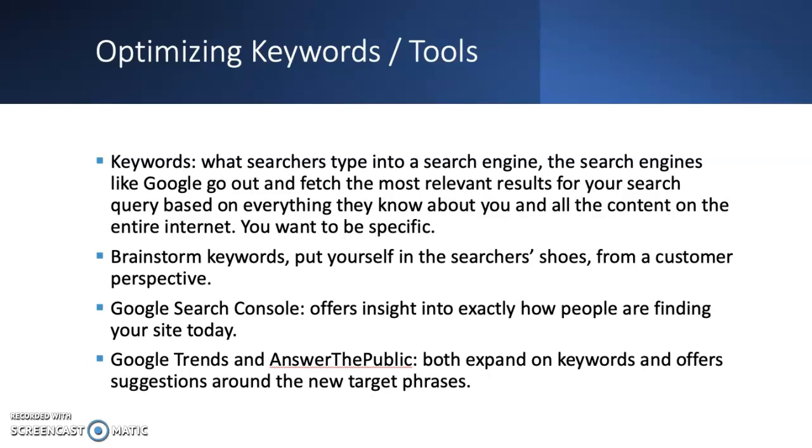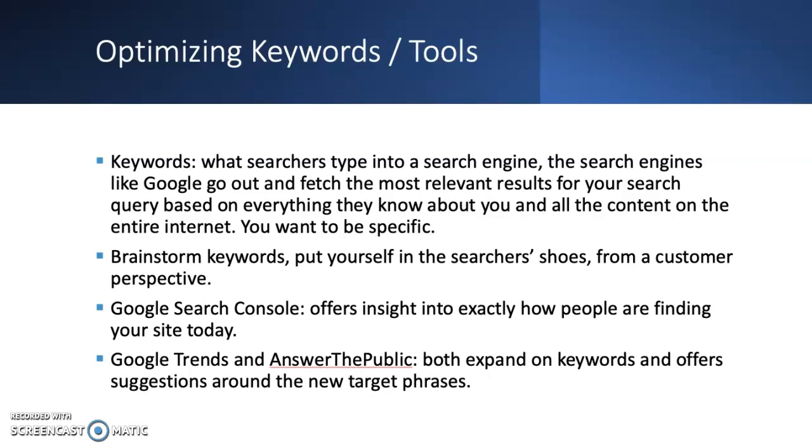Brainstorm keywords. Put yourself in the searcher's shoes. So basically, when you're brainstorming keywords, you want to play the role of the customer and know what it is that they're trying to search.